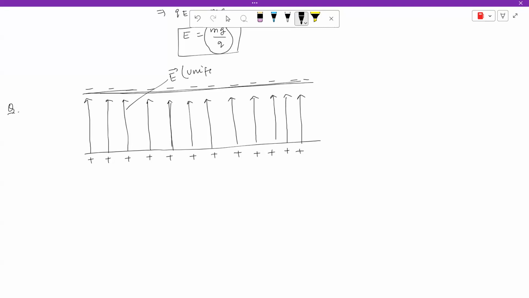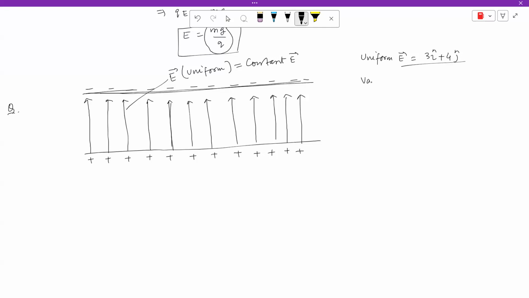Uniform means that this is a constant electric field, and it is not changing with position, not depending upon the position. So the uniform electric field, I can represent it as, let's say, 3i plus 4j. This is an example of uniform.